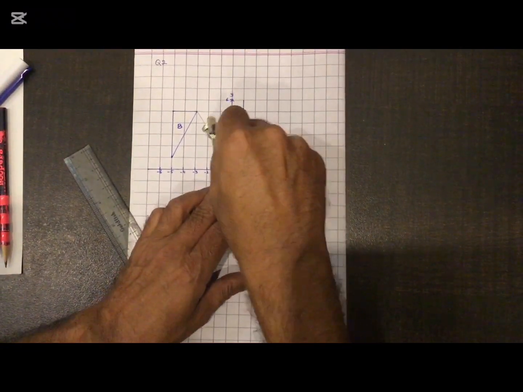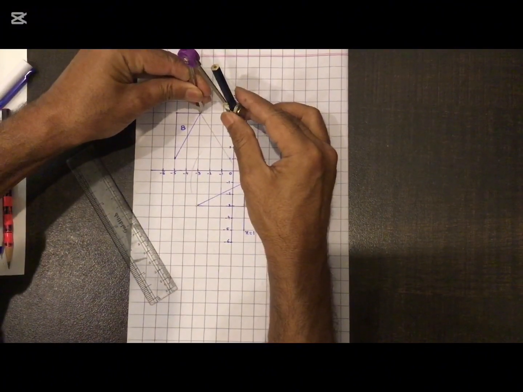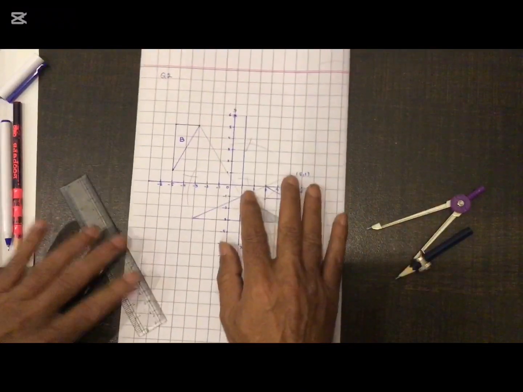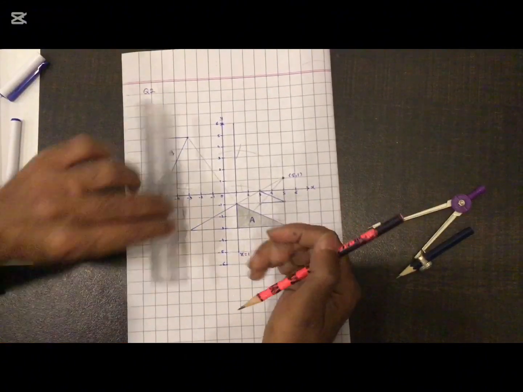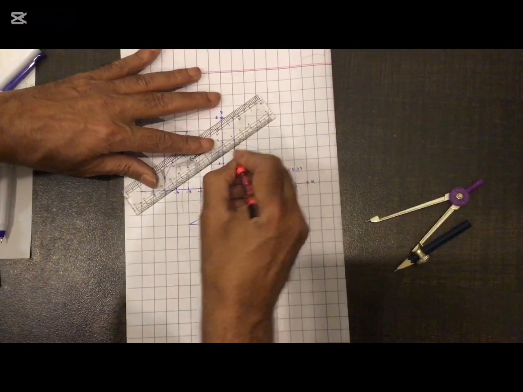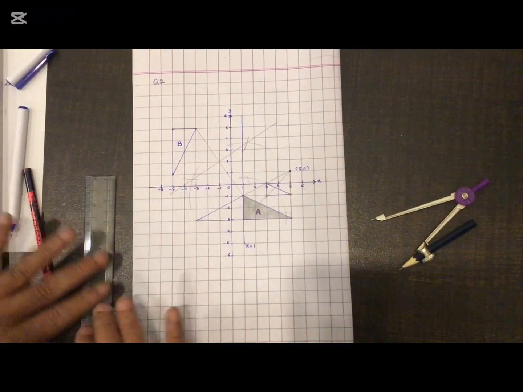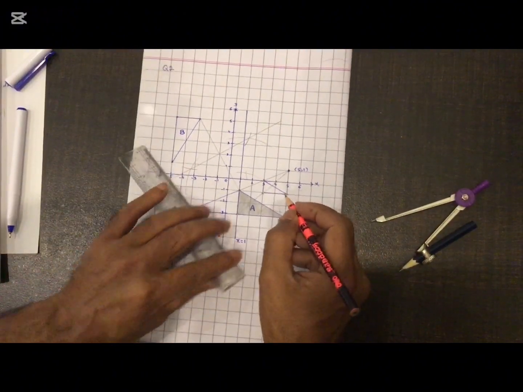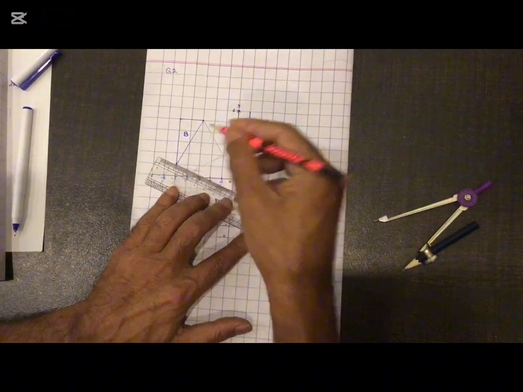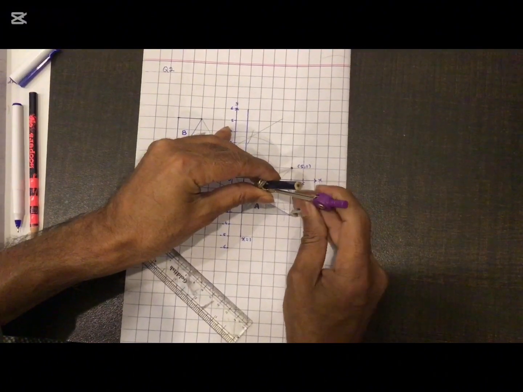Open more than half, mark on both sides of this line, and then cut these marks. So you have drawn a perpendicular bisector. Draw another perpendicular bisector. I can join this point with this one and do the same method.